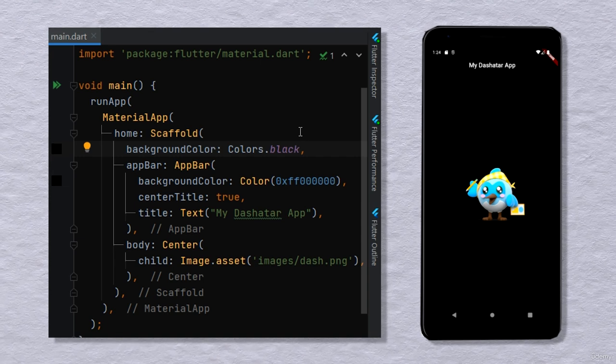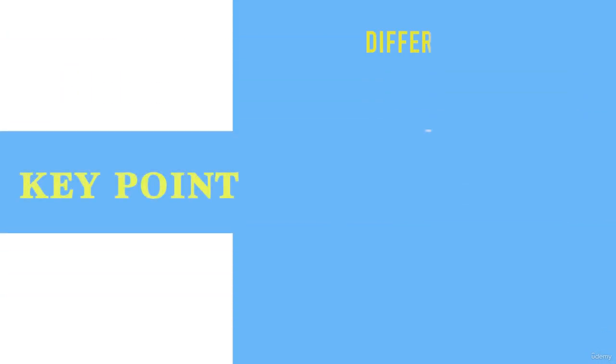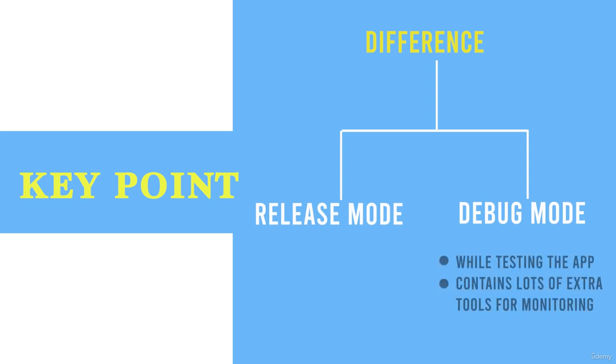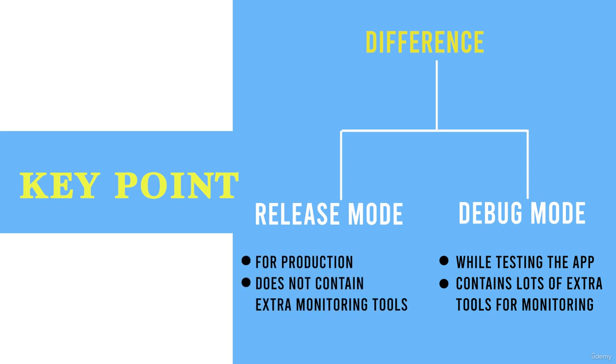The difference between release mode and debug mode is that we use debug while testing the app. The important thing is that it contains a lot of extra tools for monitoring, while release mode is for production and it does not contain extra monitoring tools.